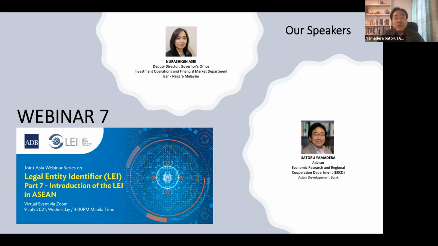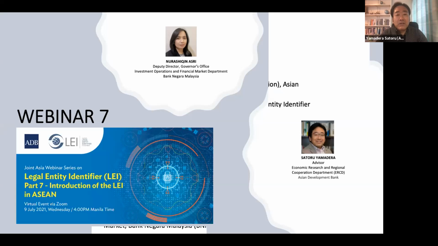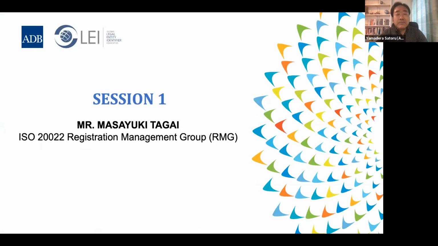So hopefully we can come up with a more standardized approach. Through ISO 20022, by sending a cross-border message, that information can automatically be transferred to the authority's database. So this is probably the future direction, and this is very much in line with the G20 initiative.